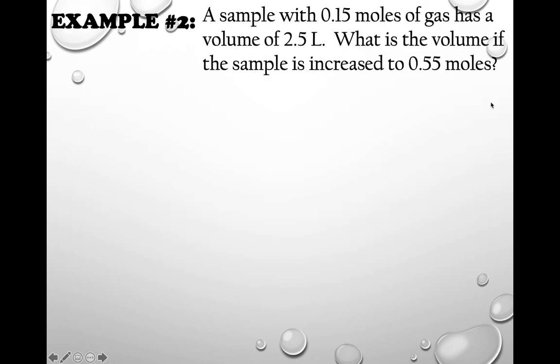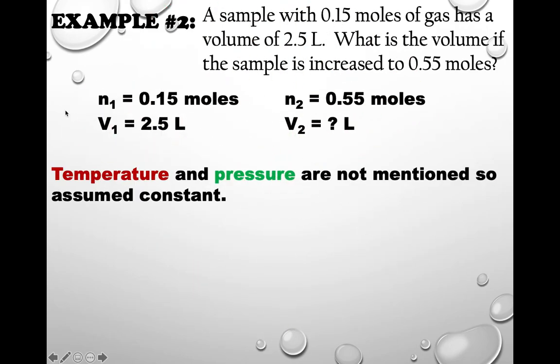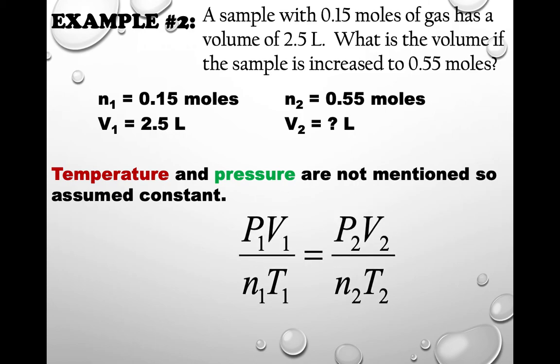Let's look at another example where it tells me moles and volume, but it doesn't say anything about pressure and temperature. When I have a problem and a variable isn't mentioned in any way, shape, or form, I can assume that they're constant. And if they're constant, then I simply get to ignore them in the problem.